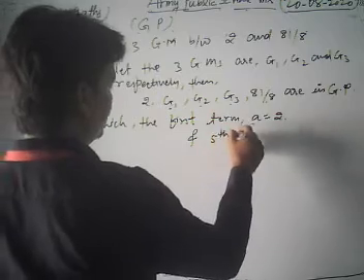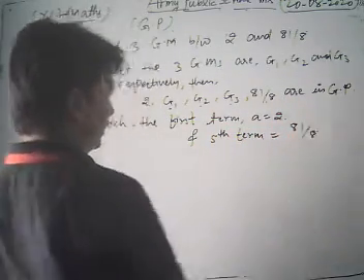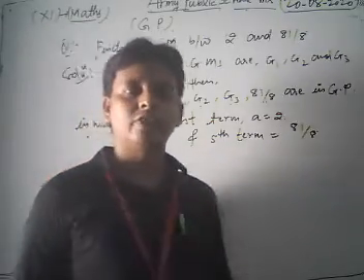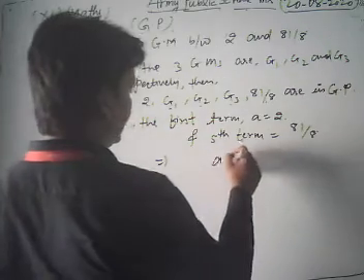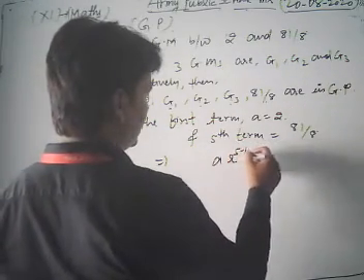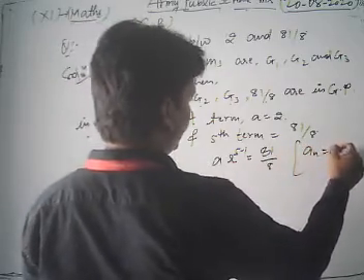The fifth term is 81 by 8. Now what is the formula for the fifth term? Here the fifth term is A r to the power 5 minus 1 is equal to 81 by 8, by the help of the formula A n is equal to A r to the power n minus 1.